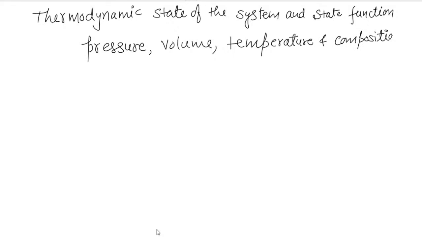So when a chemical reaction takes place, there may be a change in pressure, volume, temperature or composition, and these are known as state functions.